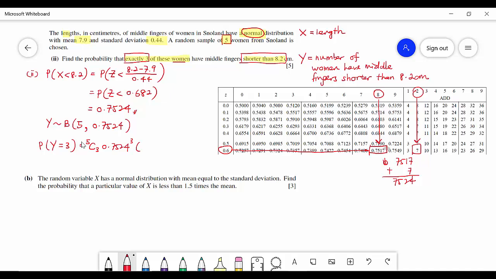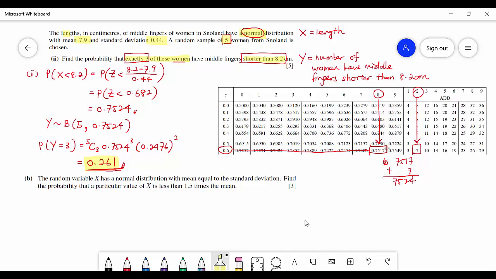How to get the q? You take 1 minus 0.7524, and you'll get 0.2476. So this is your q power 2. In the end, you correct it to 3 significant figures, the answer should be 0.261. So this is how we get the answer for part number 2.